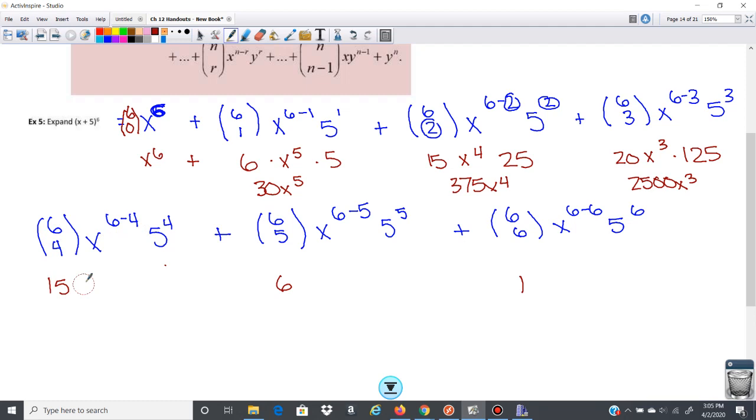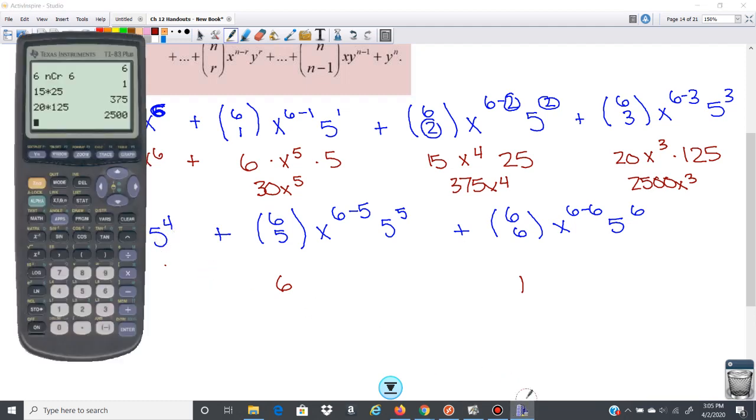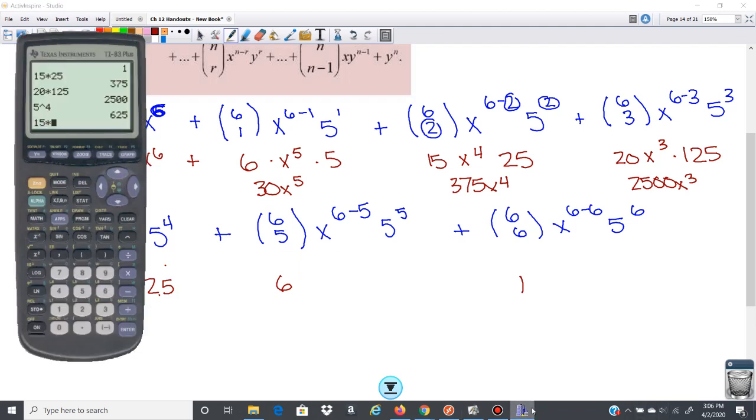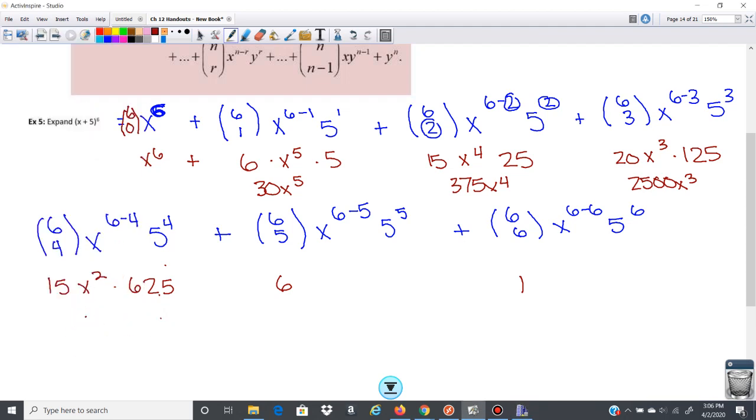Then x to the 6 minus 4 is x squared. And then 5 to the 4th, I believe, is 625. So then I'm going to go 15 times 625. So that's going to be 9,375 x squared.